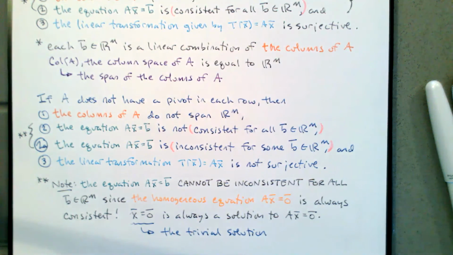So these are all the row things where we talk about the columns of A as a set of vectors, the matrix equation, and the linear transformation. Those 4 things are all connected together. The reason that I connect these 4 things through the pivots is that that is the observable thing.